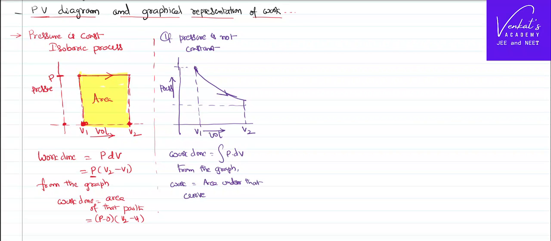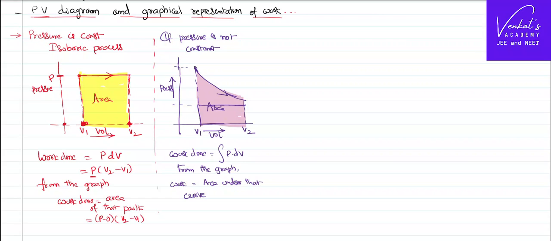So I will shade it with a color and show you what I mean by the area under that curve. See, this is the curve. So under that curve, whatever area I'm just shading now, we have to find out the area of that part, this entire area.